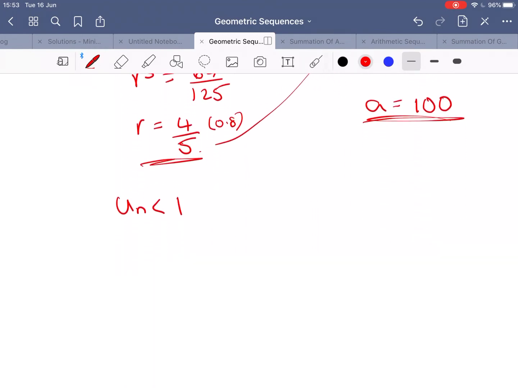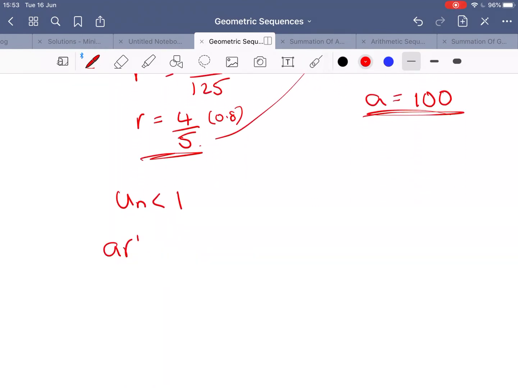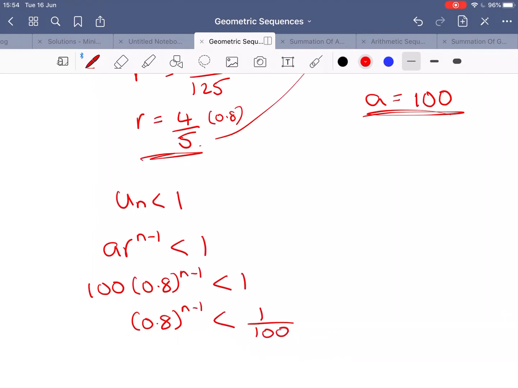So u_n is ar to the power n minus 1, and we want to know when that is less than 1. So I've got, when is 100 times 0.8 to the power n minus 1 less than 1. I'm going to divide by 100 first of all because I can't do my logarithms until I've got just something to the power of. So I've got 1 over 100.